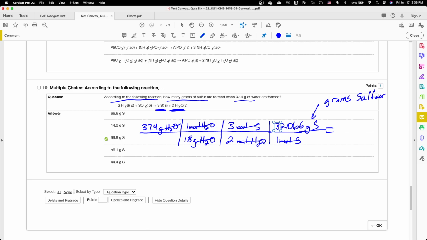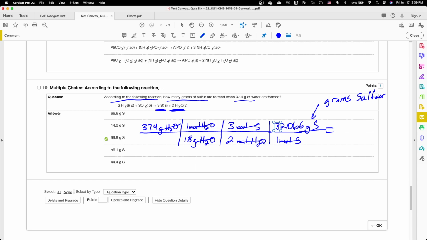So all I have to do now is multiply 37.4 times 1 times 3 times 32.066, and divide all that by 18 times 2, right? So let's do that real quick. 37.4 times 1 times 3 times the molecular weight of sulfur, which is 32.066.